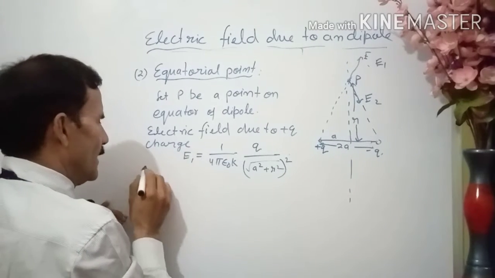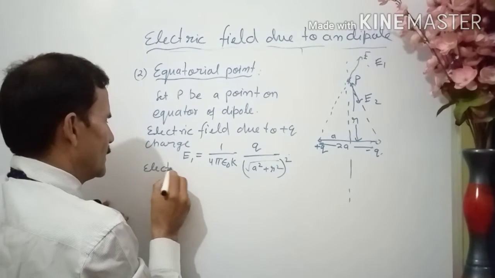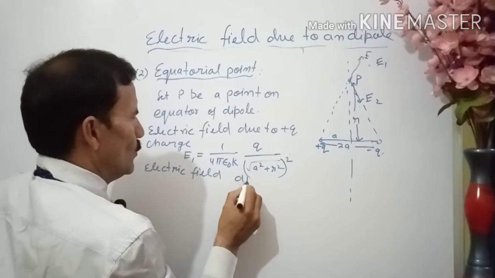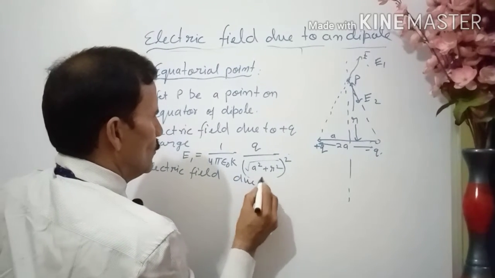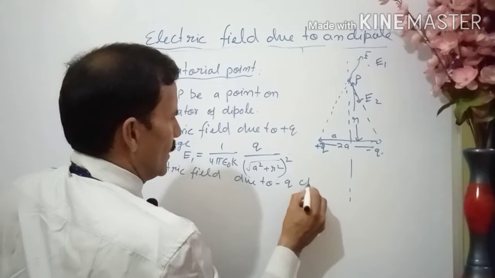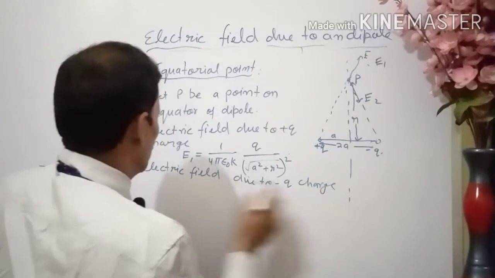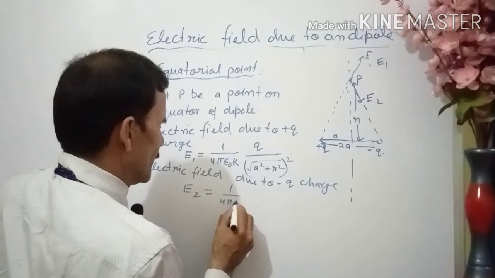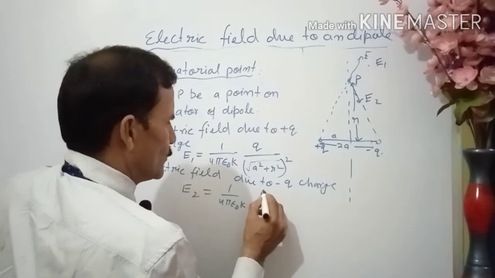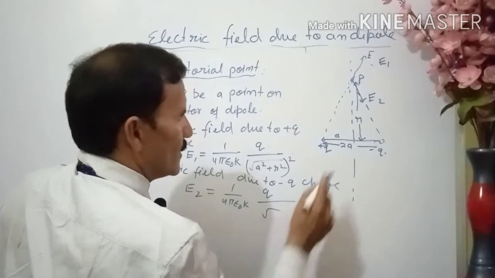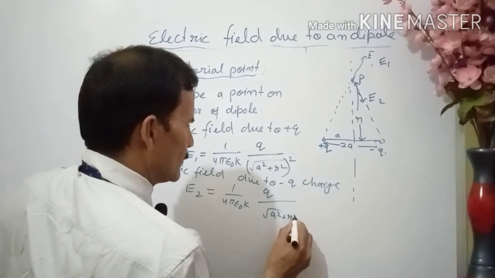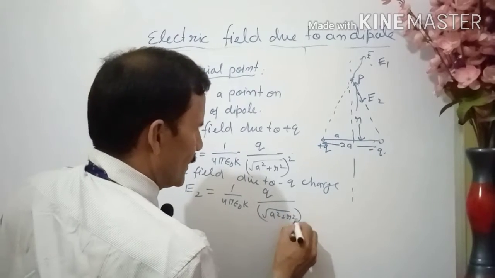And similarly electric field due to minus Q charge is E2, and that is E2 is equal to 1 upon 4 pi epsilon naught K, Q upon what can be, the distance is same, so it is A square plus R square whole square again.